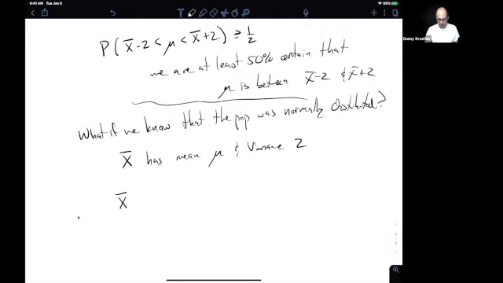And what that says is that X bar, because it is this average of normal variables, is also normally distributed. That's just because when you add a bunch of normal variables together, you get a normal variable, and you divide it by n, you get another normal variable.